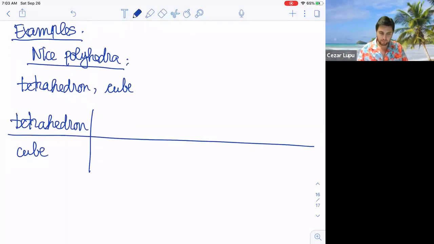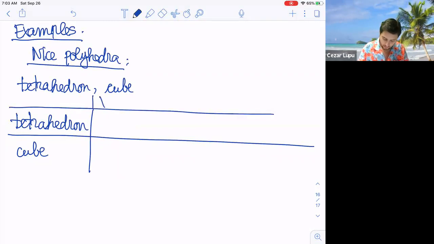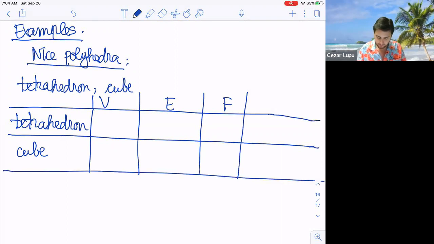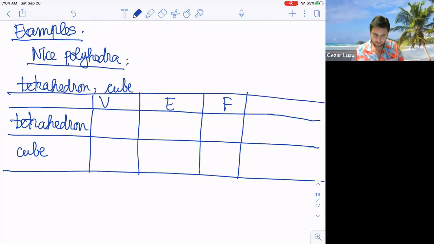So let's see, V, E, and F. And then we want to see this formula, V minus E plus F. We want to see what it is. So how many vertices has a tetrahedron?